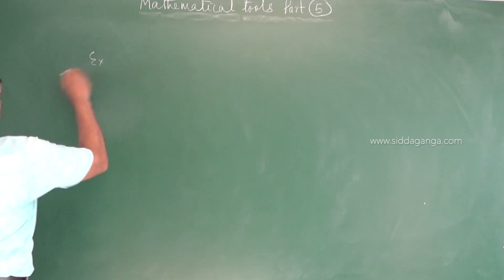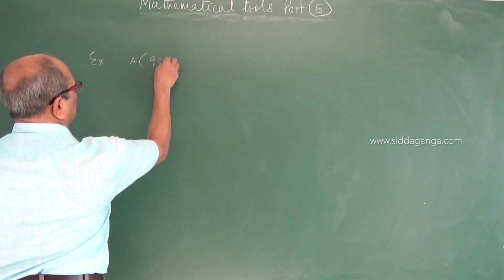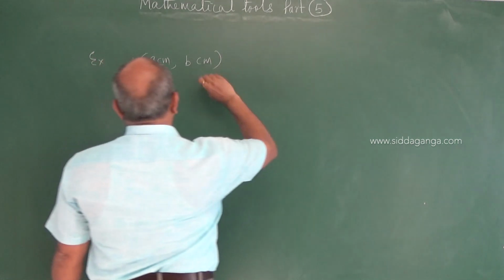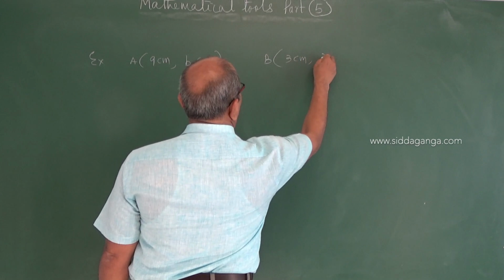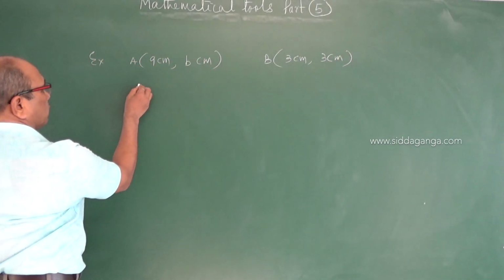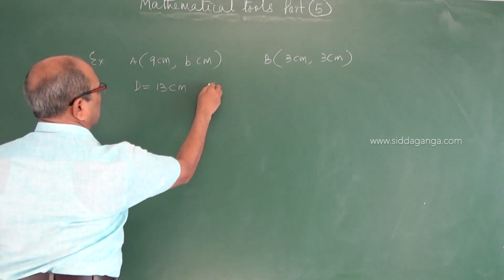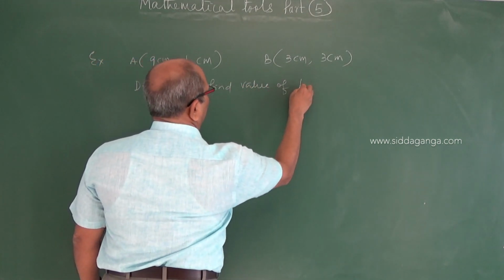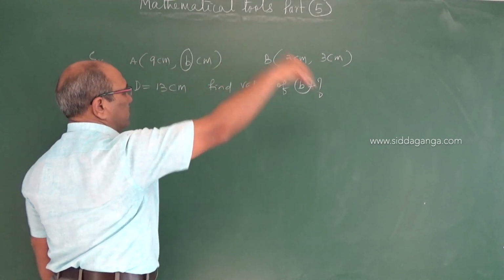Let us say you are given a problem: there is a point a with coordinates 9 centimeter and b centimeter, and another point with coordinates 3 centimeter and 3 centimeter. The distance between these two points is given as 13 centimeter. Find the value of the coordinate b. How much?